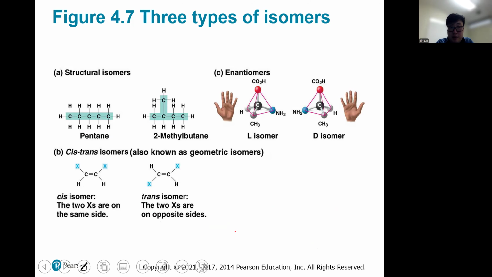Again, cis means that you have groups that are protruding on the same side, and the other sides are generally going to be hydrogens. So if we divide this molecule up in half, you can see one side is hydrogen, the other side is the X molecule. And on this end, if we try to do the same thing, it's alternating and opposite. So it's in a diagonal form. Okay.